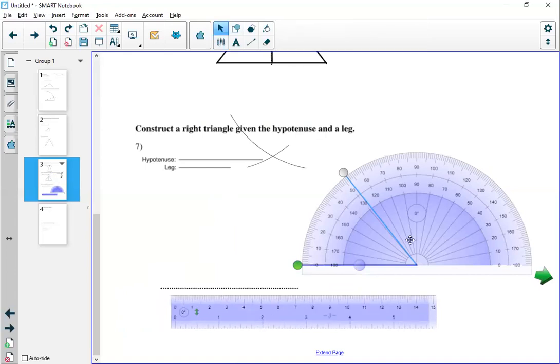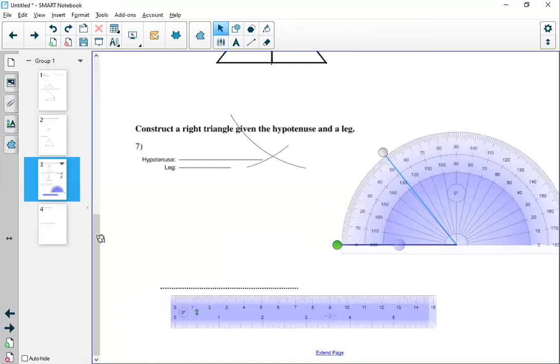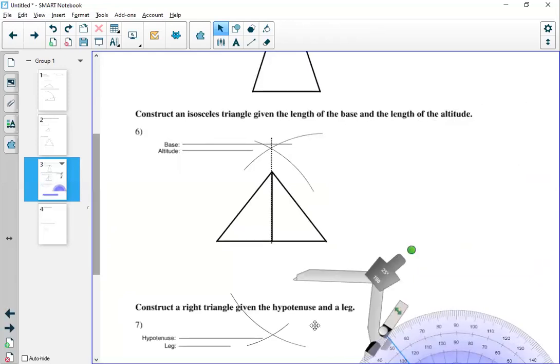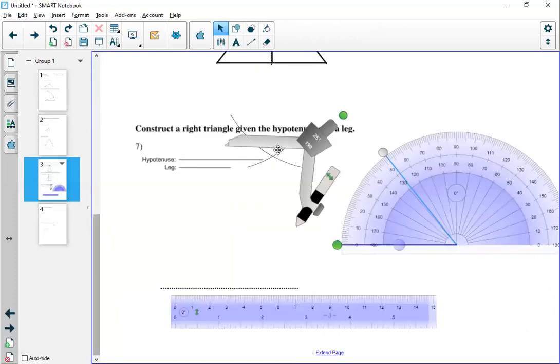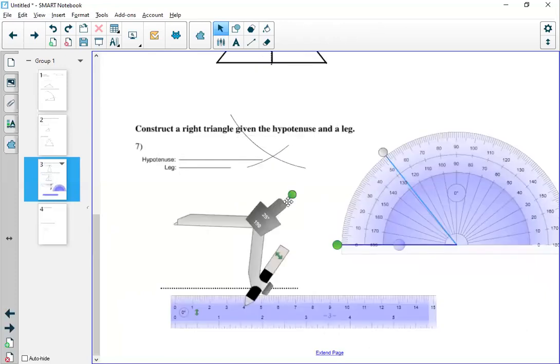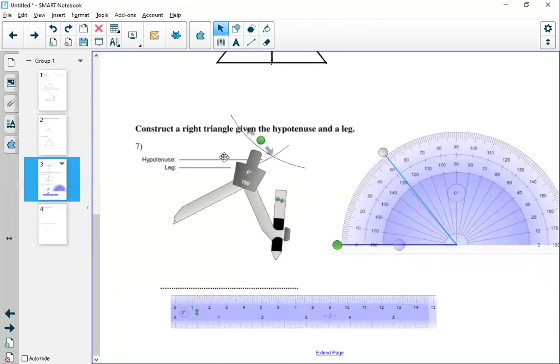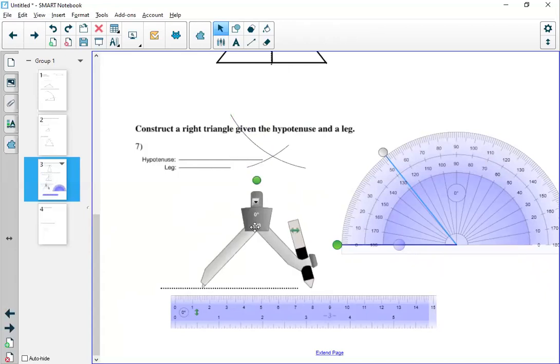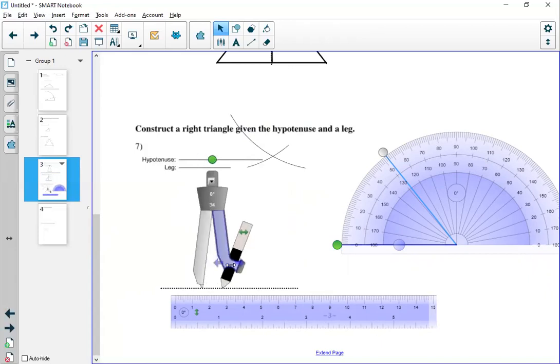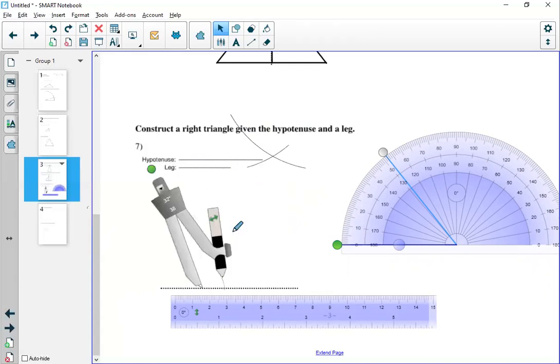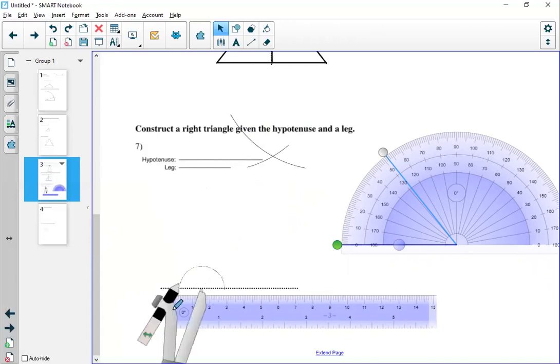Then with my compass, I will construct a right angle at one end of the straight line. Let me construct the right angle from here. Just observe, watch what I'm doing. I want to construct a right angle, and to do that, I'm going to draw an arc, just like this.